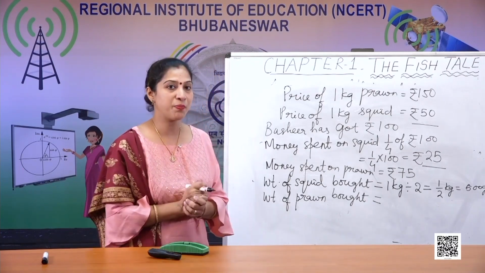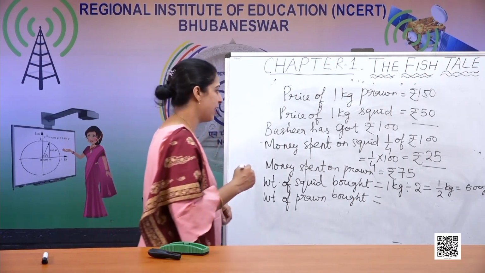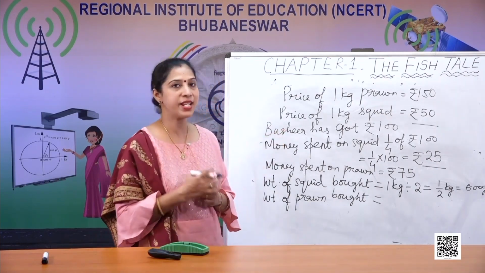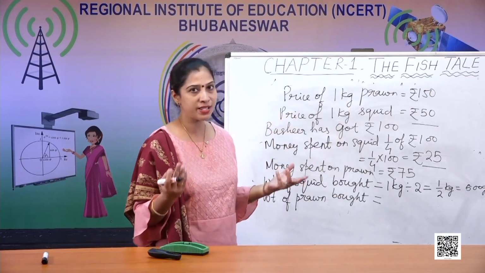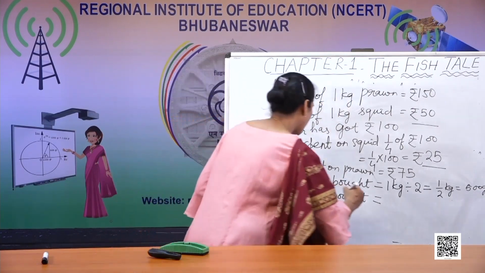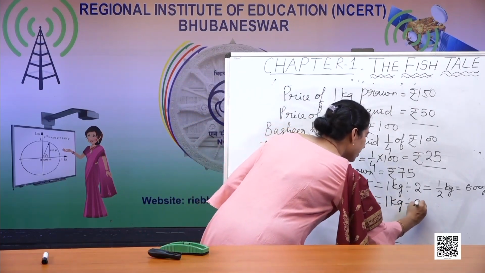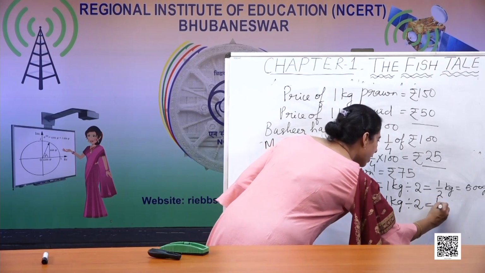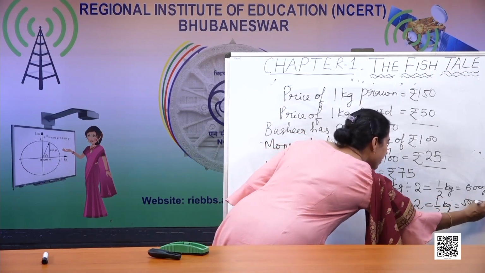So 150 rupees is 1 kg. So for 75 rupees, how much prawn will he get? Again, very easy. Half of 150 is 75. So half of 1 kg again is 500 gram. So the weight of the prawn bought is 1 kg divided by 2, which is half a kg, that is 500 gram.